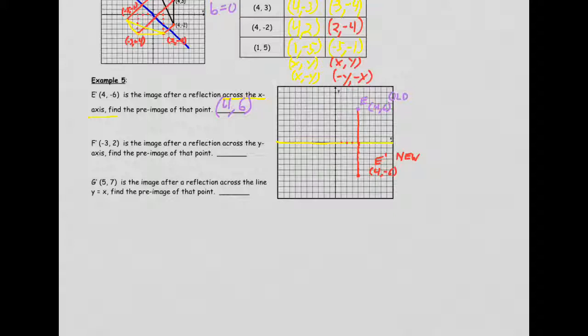Stephanie, what did you get for your original F? Say it again? Oh, well, remember, if you're reflecting it across that y-axis, then your x is going to change signs, and that's it. So instead of negative 3, 2, what would you have? If just your x changed signs.